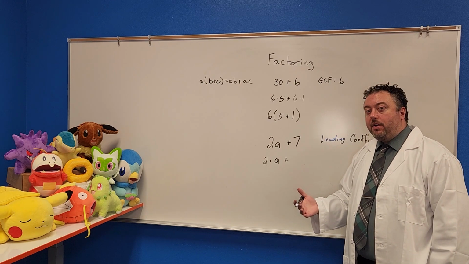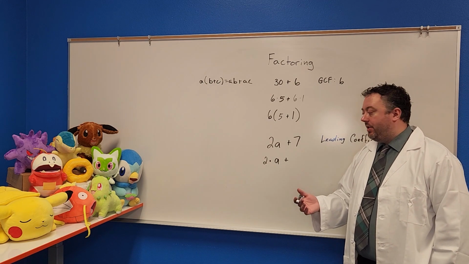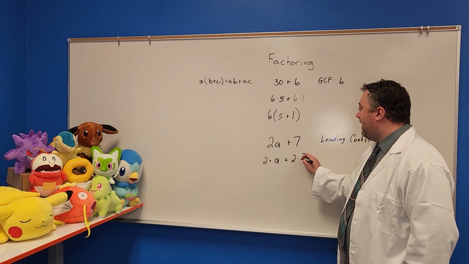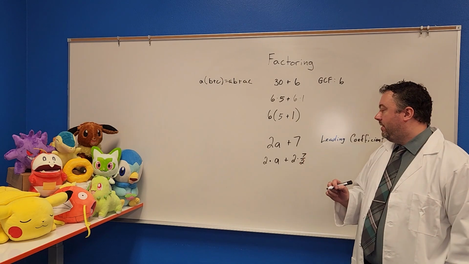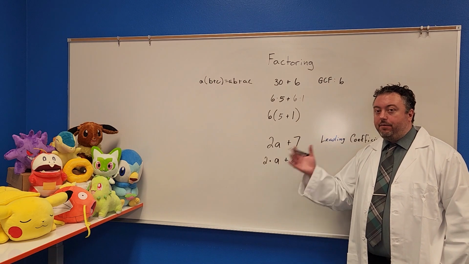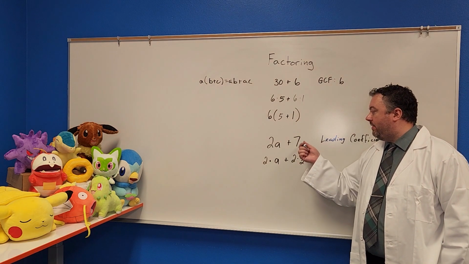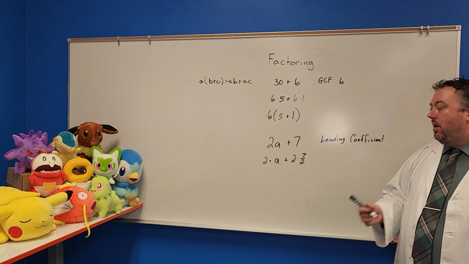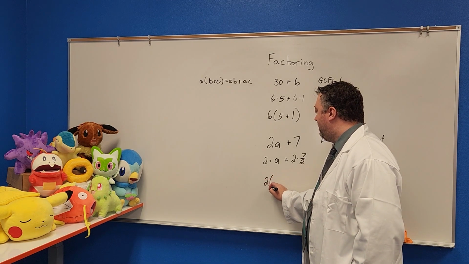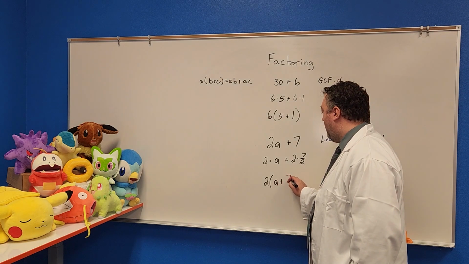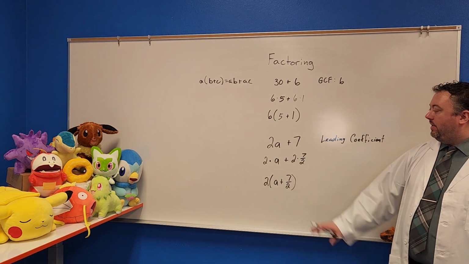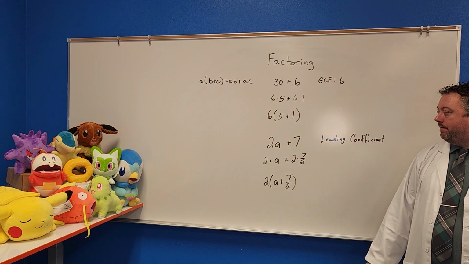It can only be written if you consider fractions. So 2 times 7 halves. 2 times 7/2 would be the same thing as 7. So when I factor out this leading coefficient of 2, I end up with a plus 7/2 inside the parentheses.